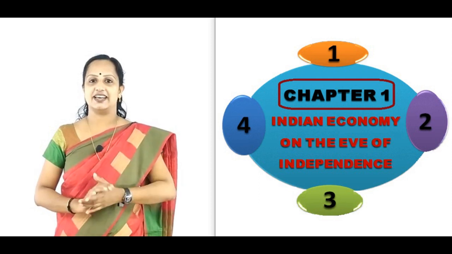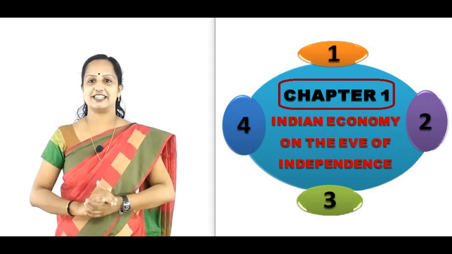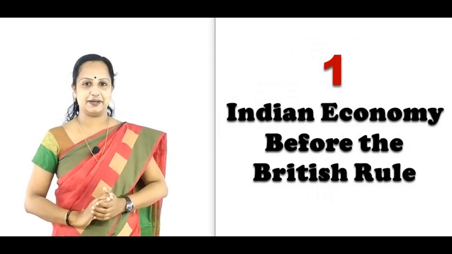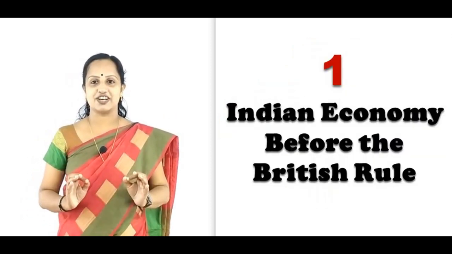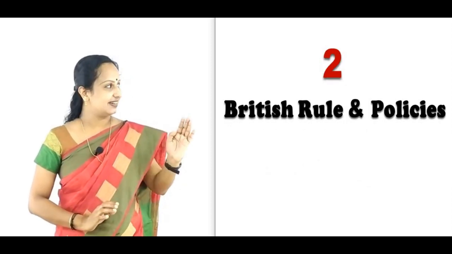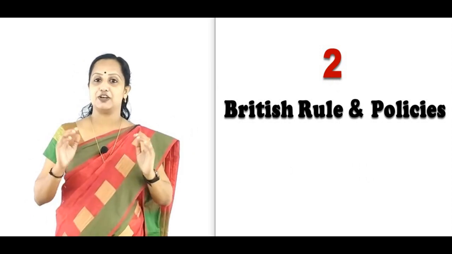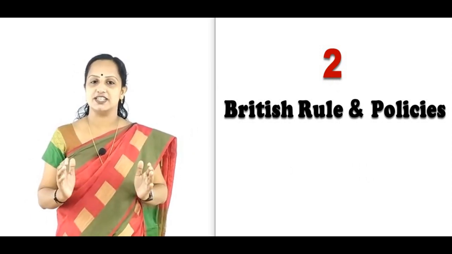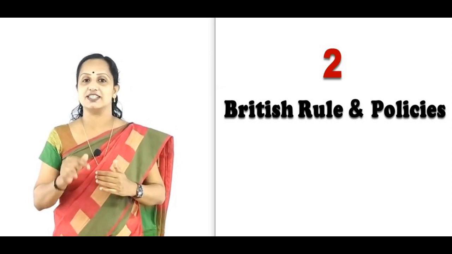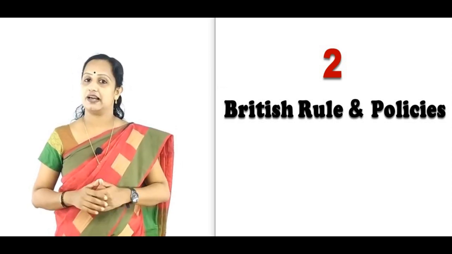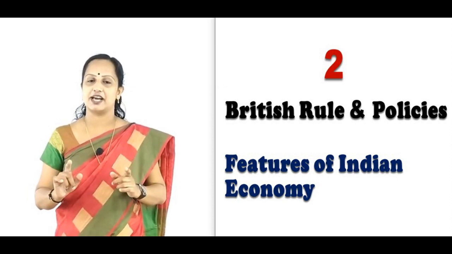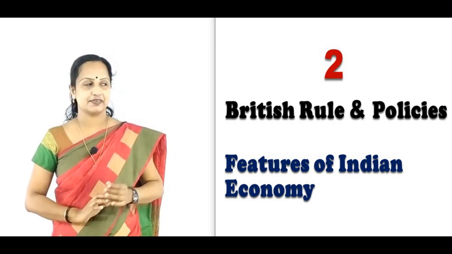To ease our learning, we have classified this chapter into 4 categories. In the first category, we will analyze the structure of the Indian economy before the British rule. In the second category, we will go through the various policies followed by the British rule and the impact of British policies on the Indian economy, and also the major features of the Indian economy at the time of independence.